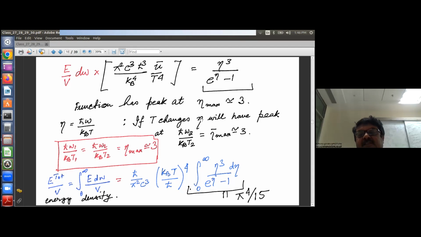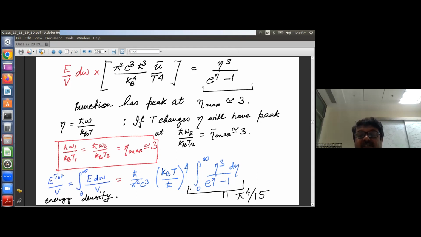So if temperature changes, the position of the peak will also change, and the peak always remains at 3. So basically h cross omega by kbt, the peak will always be at 3.